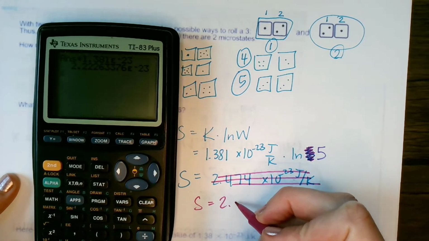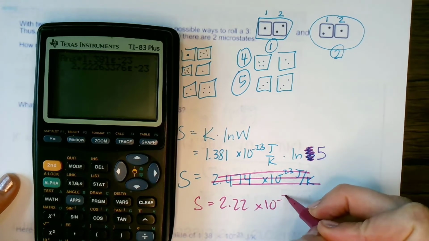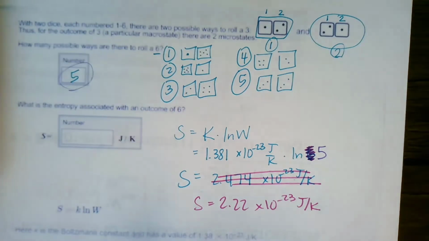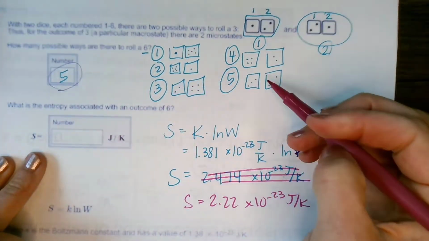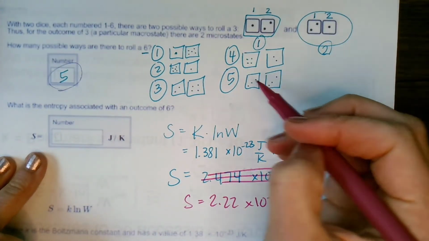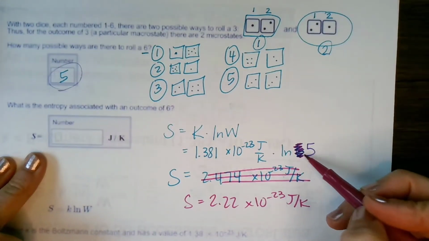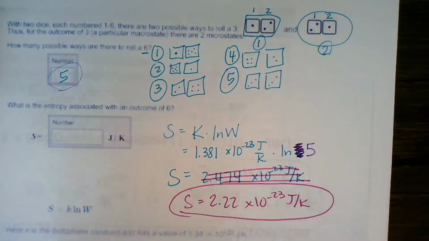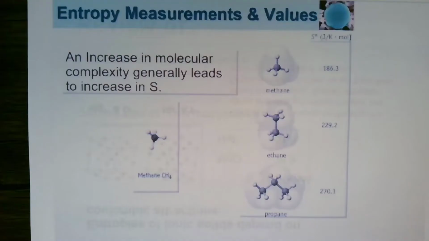I should get not this answer. I should get 2.22 times 10 to the negative 23rd joules per Kelvin. Okay, let's make sure I did this right. We had 5 microstates that add up to 6, so we do the natural log of 5 times Boltzmann's constant to get 2.22 times 10 to the negative 23rd.